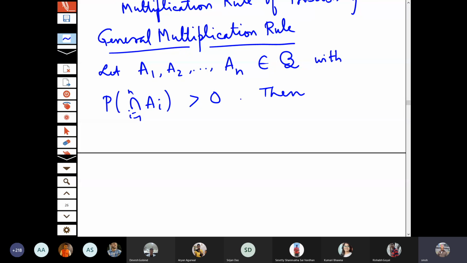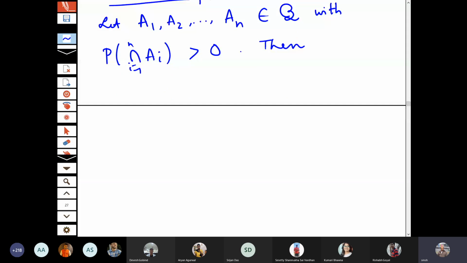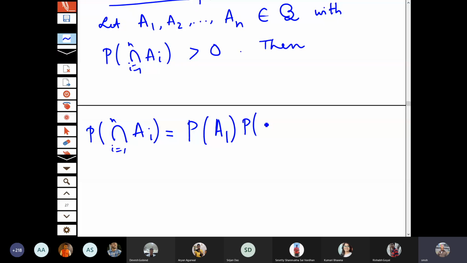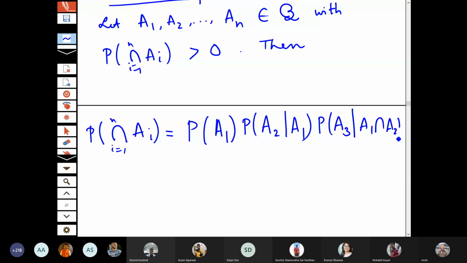Then the general multiplication rule says that the probability of the intersection of the Ai, that is the simultaneous occurrence of all of them, can be calculated as the probability of the first one, into the probability of the second one given the first one, into the probability of the third one given the first two, and so on.